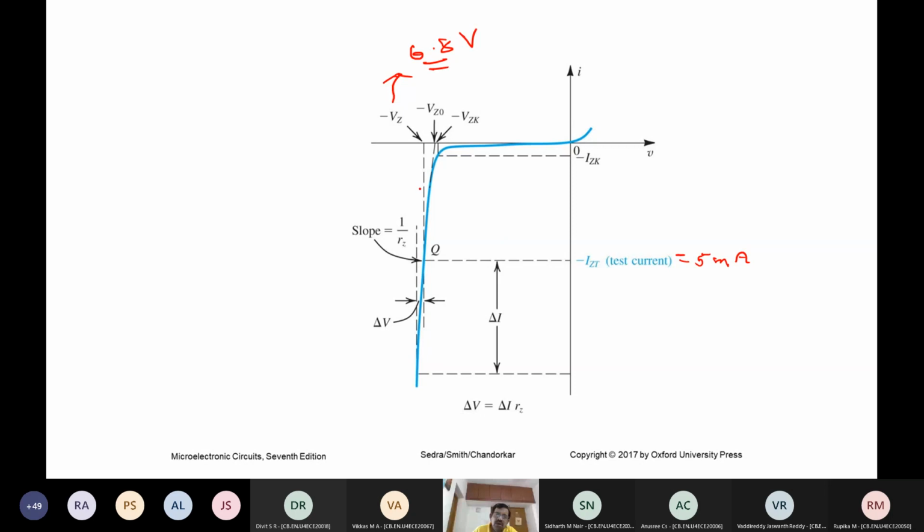But what we should understand here is, in the absence of the load, we must know what is the actual operating point. Then only we can find what will be the output voltage.